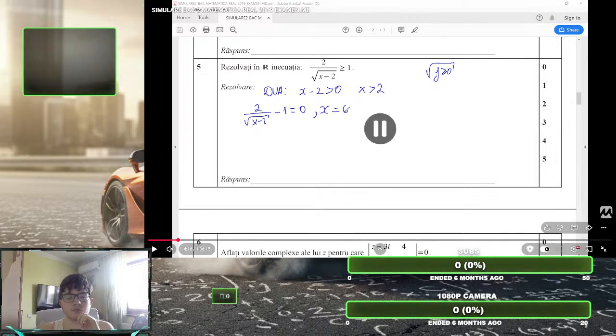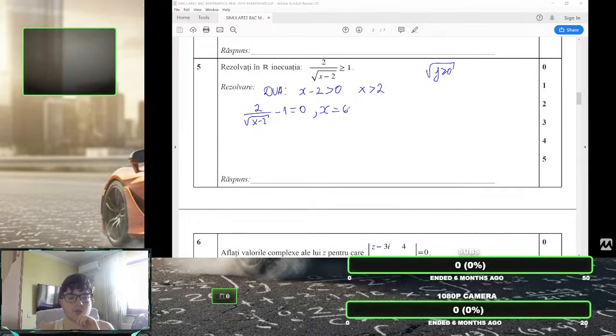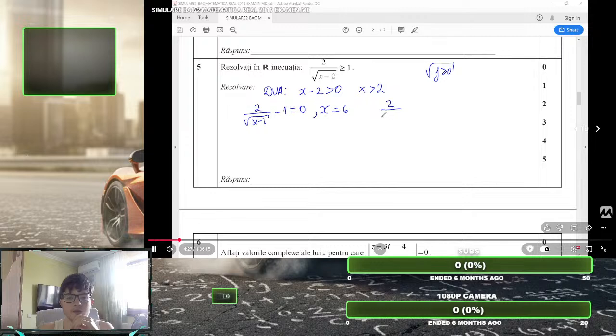Well, how is that done? I understand that x is 6, but is it that easy? If you plug in the 6, it's going to be 6 minus 2, 4 right there, square root of that, 2 divided by 2, 1 minus 1, 0, right?